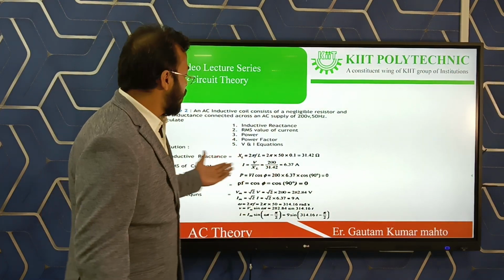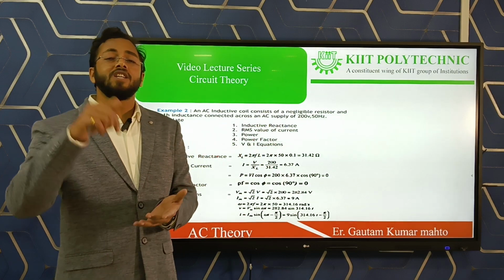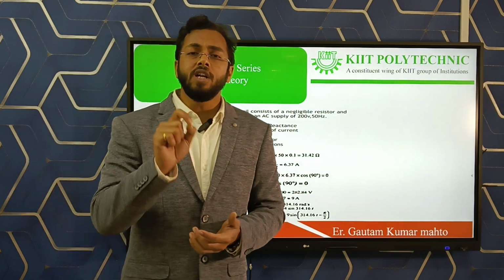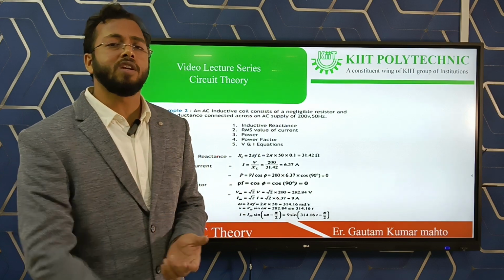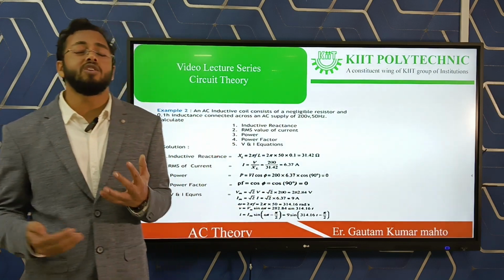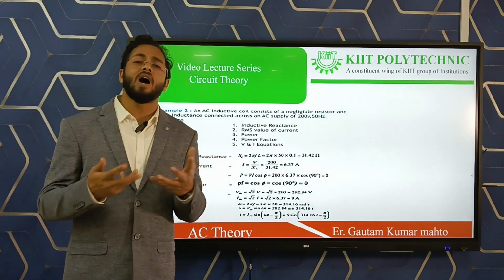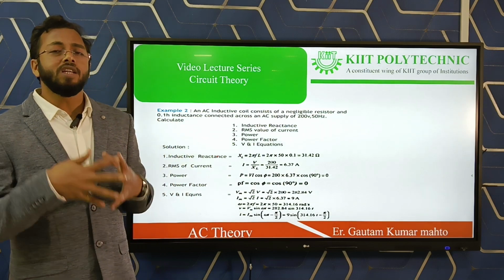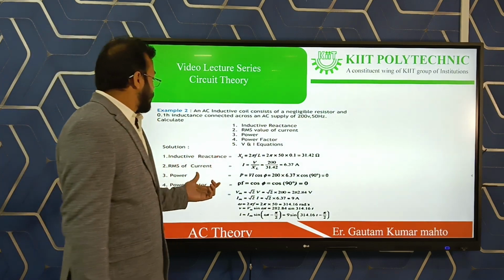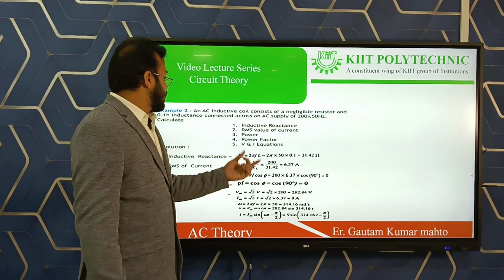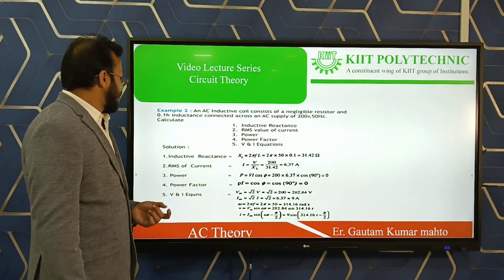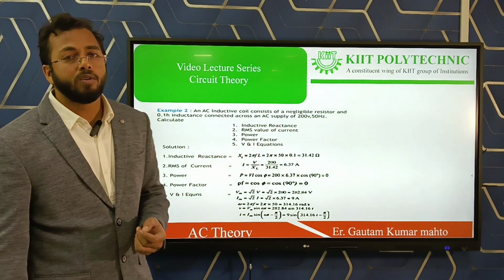That's why the power in a pure inductive and pure capacitive circuit is always 0. Therefore VI cos 90 is equal to 0. So cos 90 is 0, power is also 0, and then you can apply the VI equation.